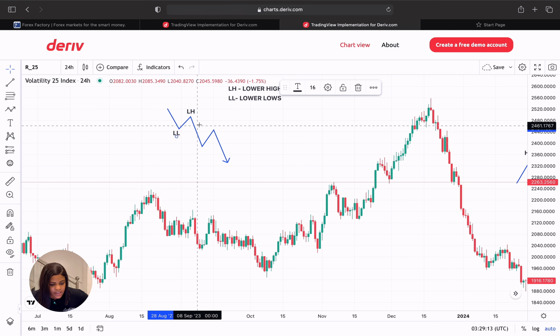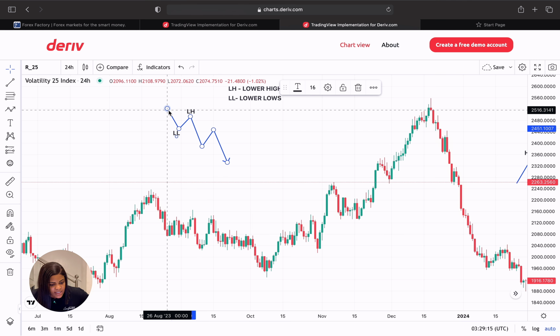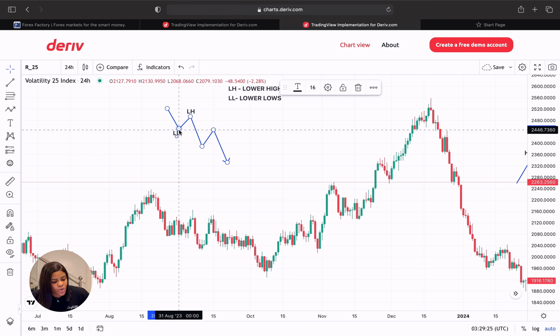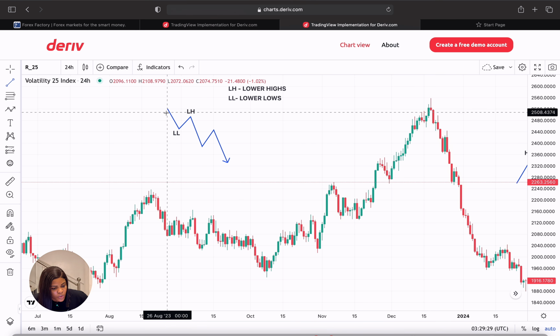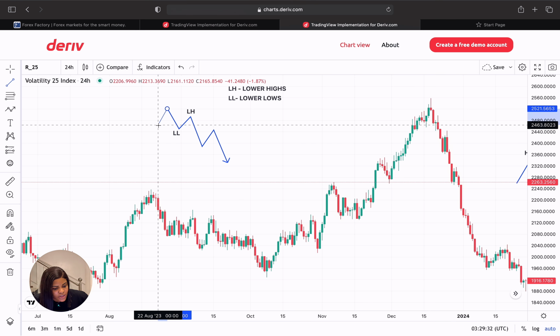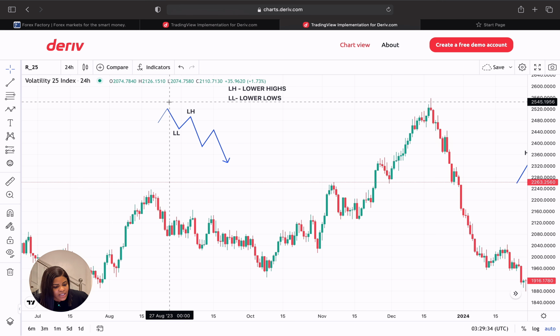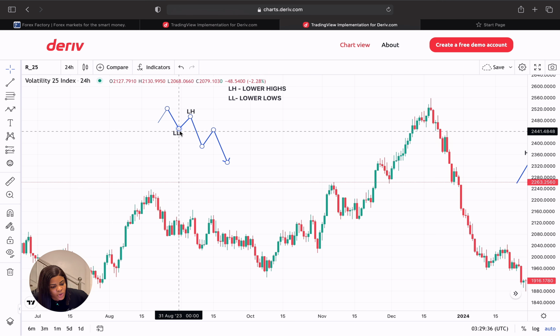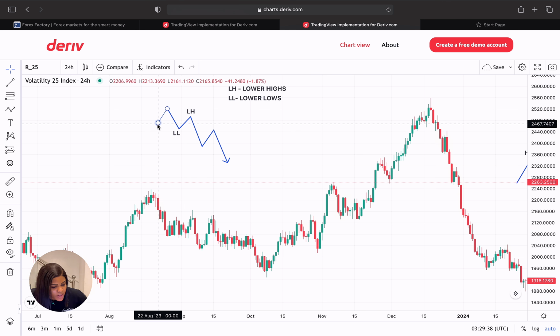So now back at it again, right? This is high, but obviously this is lower than the previous high. That's why it's called lower high. So if the market is coming down, it's coming down to create a lower low, a low that is lower than the previous low.